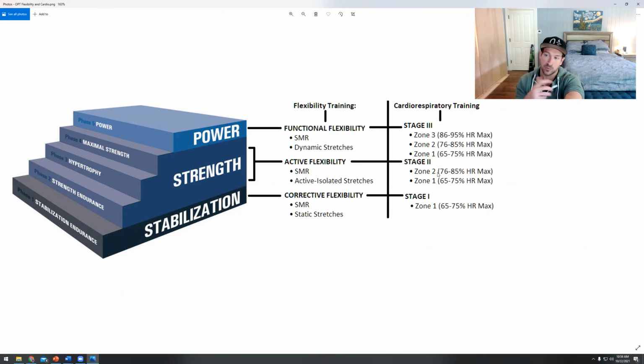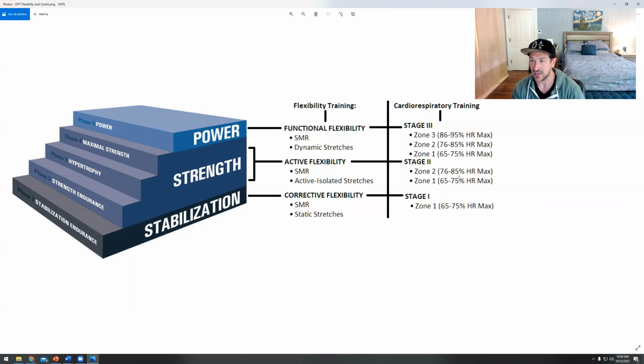Now, nobody should be able to really maintain zone 2 for really long extended periods of time. If they can, that means their heart rate's able to keep up with things. They're not really creating that much lactic acid. That's probably actually zone 1 for them.